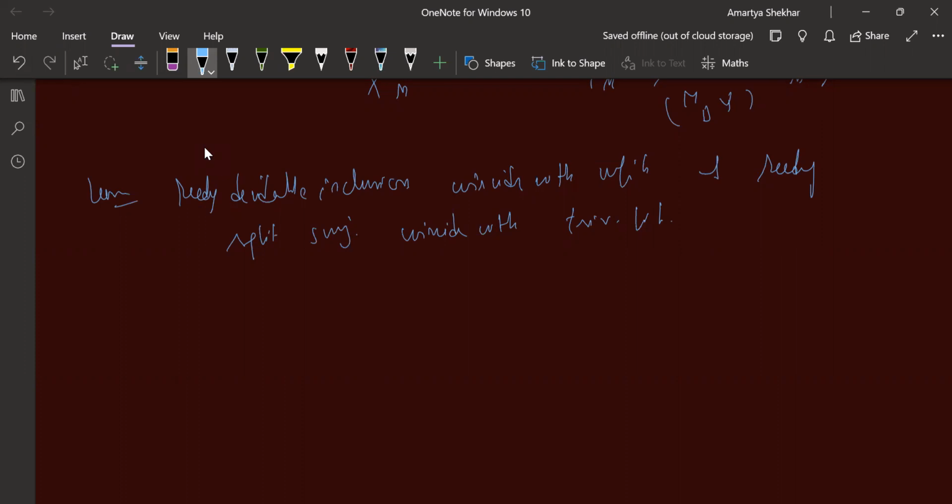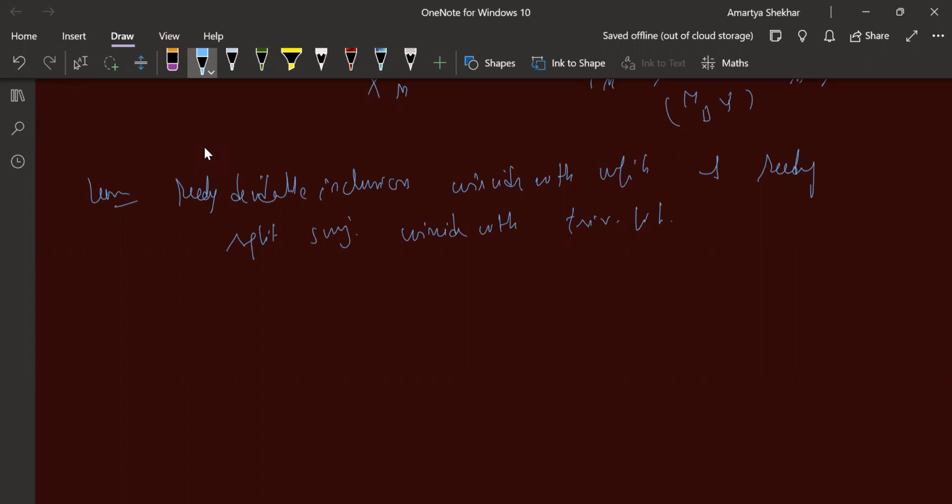And in fact, something I didn't talk about is that this weak factorization system is also cofibrantly generated.